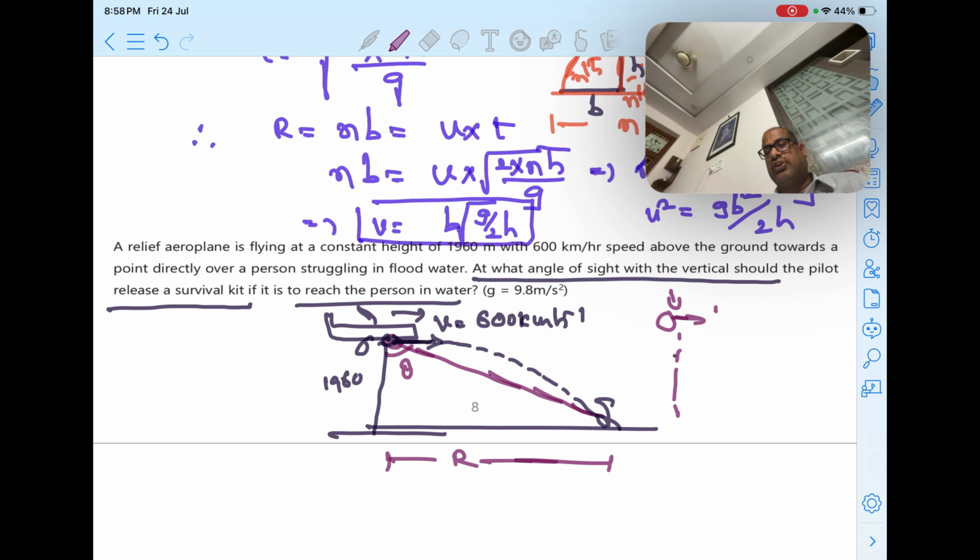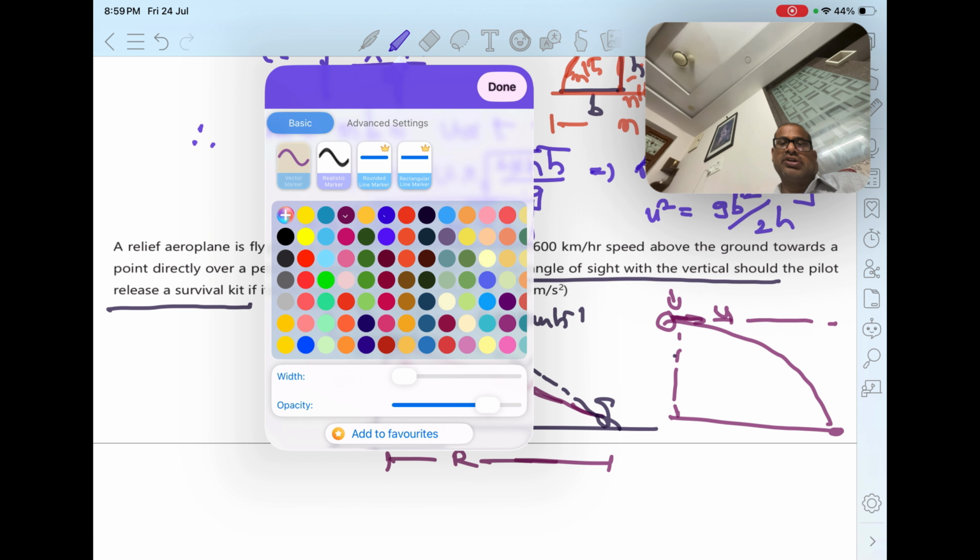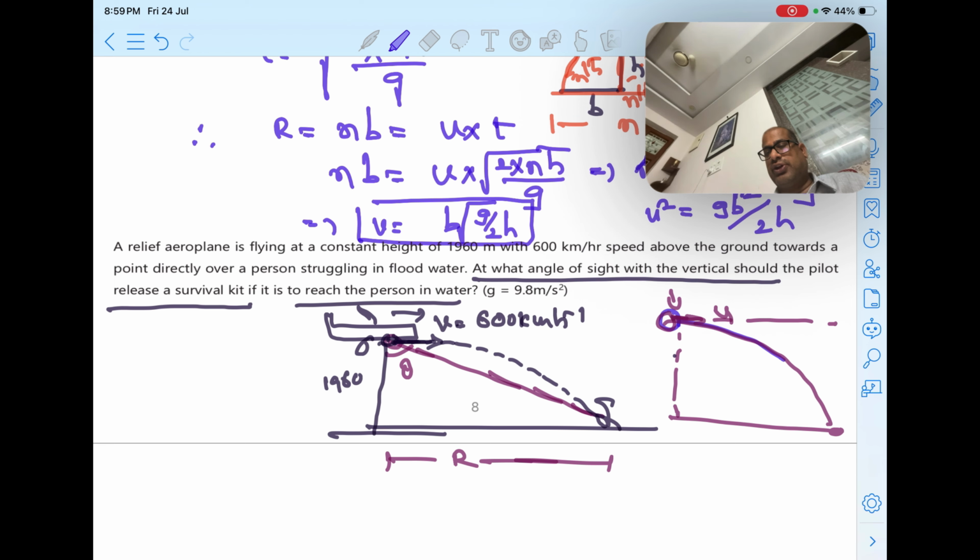So when you consider that, the ball immediately will not fall down, you see the diagram. It travels a certain distance along, then because of gravity it falls to the person, and the distance it travels is nothing but the range. Now that height h is given to us, and the time formula we know is root 2h by g.